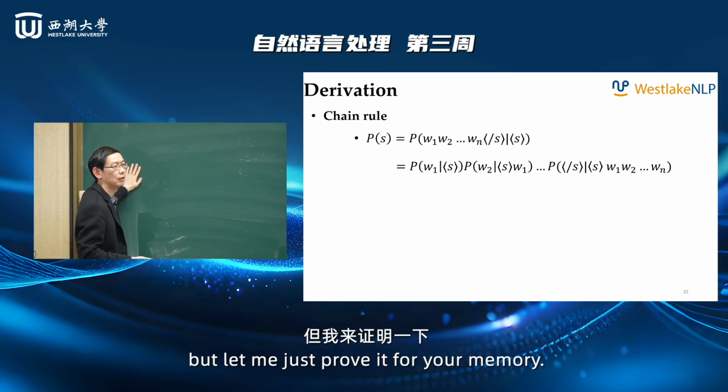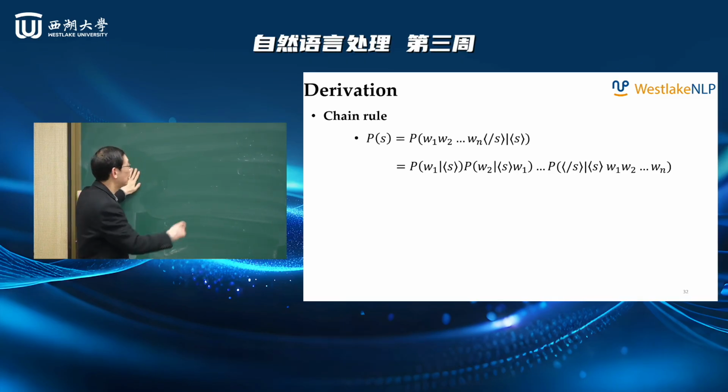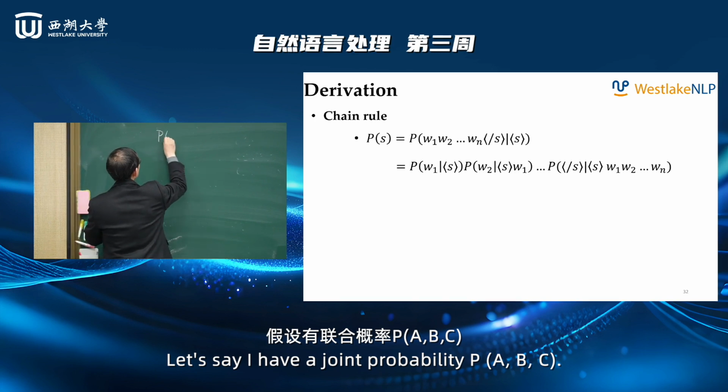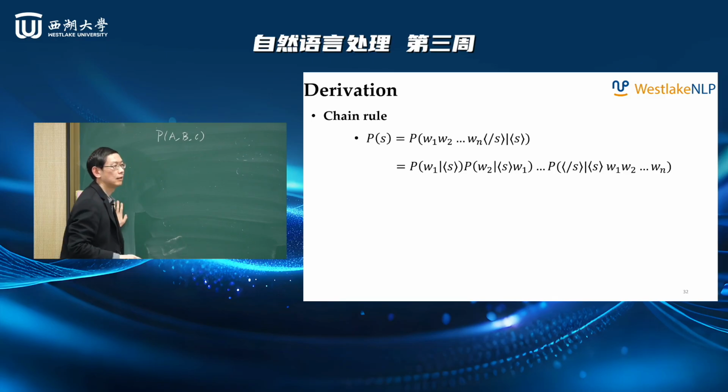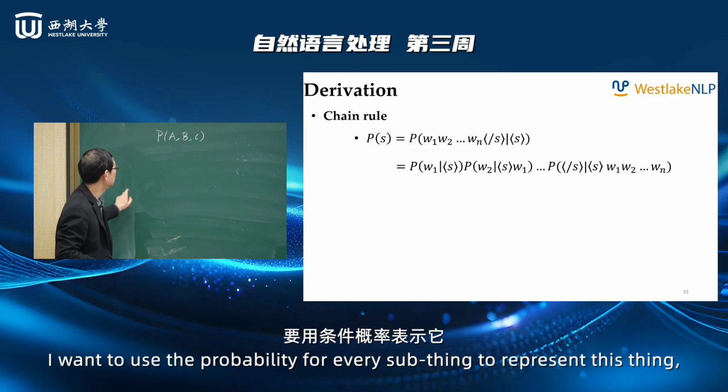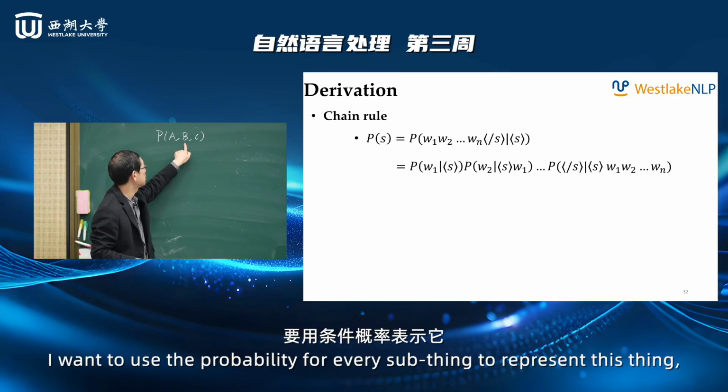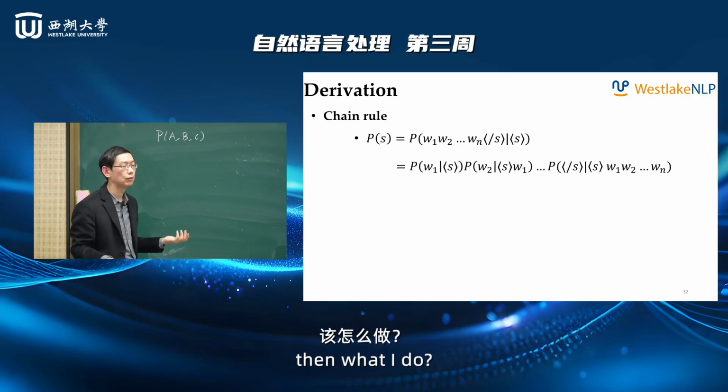for your memory. Let's say I have a joint probability P(A, B, C). I want to use conditional probabilities to represent this. Then what do I do?